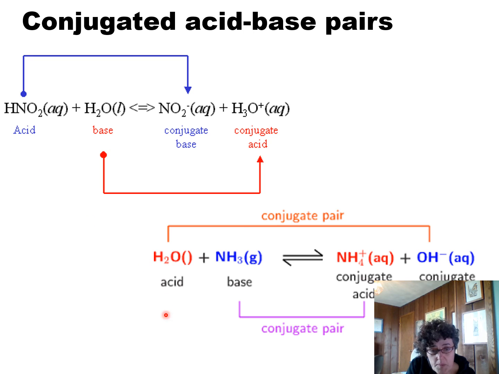In the example at the bottom, water, the very same molecule, is an acid because it's donating the H+ to the base ammonia. So water can behave either as a base or an acid, depending on the partner that it is encountering. If it's in the presence of a base, it will behave like an acid. If it's in the presence of an acid, it will behave like a base.